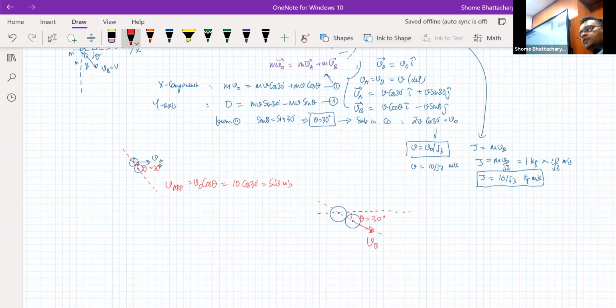Now what about the velocity of A? It's actually in a direction like this. It's also equal to V in magnitude, but this angle is 30.